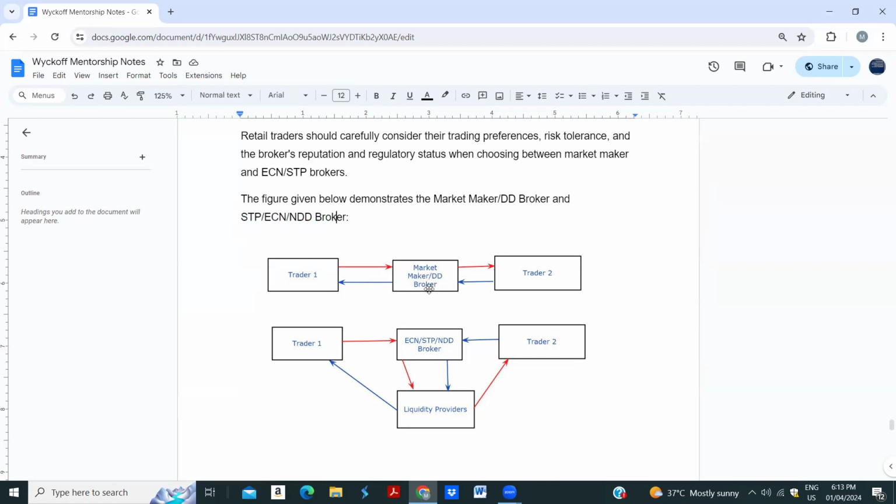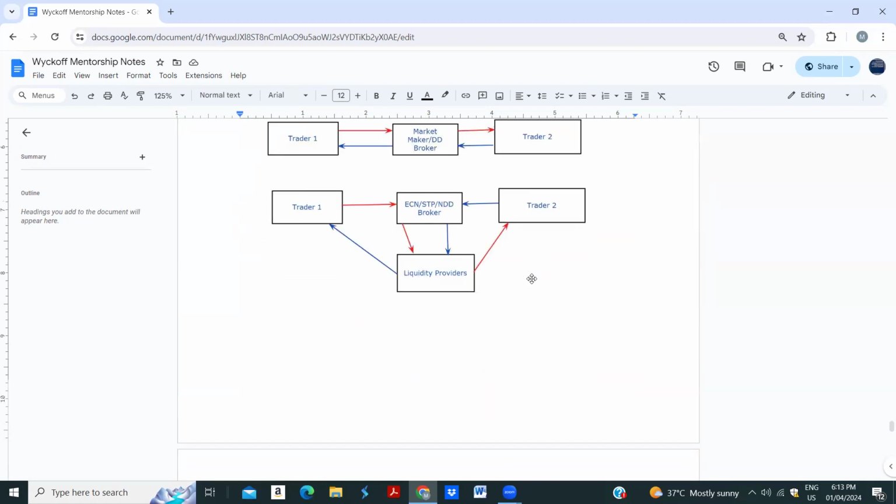A market maker or dealing desk broker model is this: a trader places the trade, and the market maker executes or processes the trades internally and matches the trade with trader 2. Similarly, trader 2 places the trade, and the market maker processes and matches the trade with trader 1. But they have a conflict of interest with both trader 1 and trader 2.